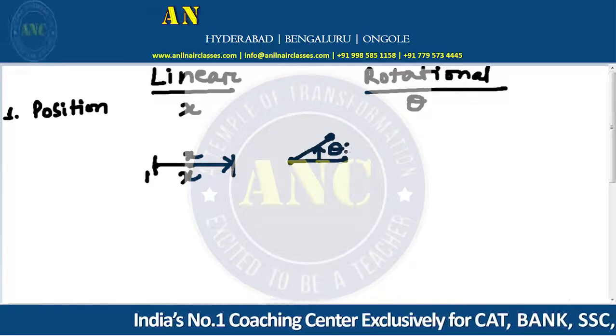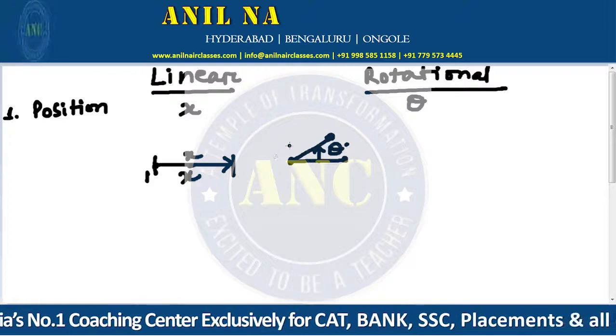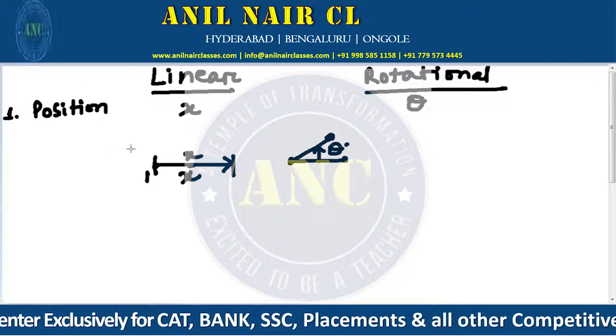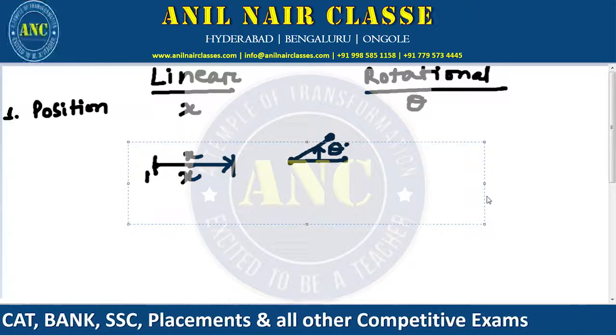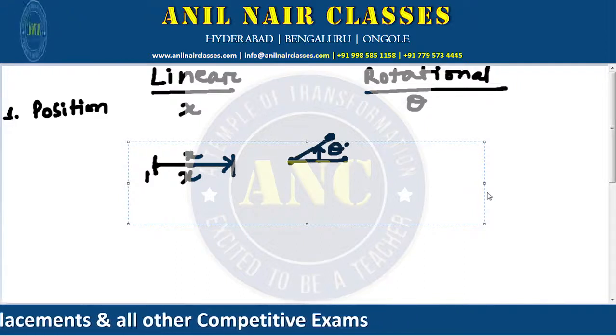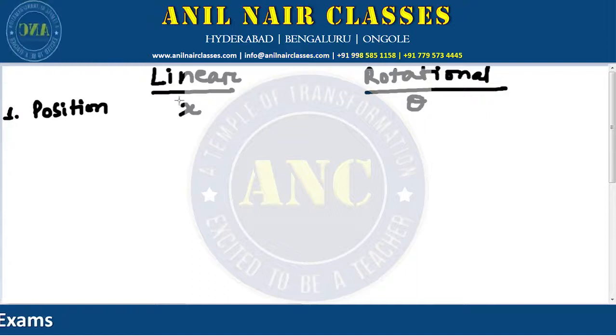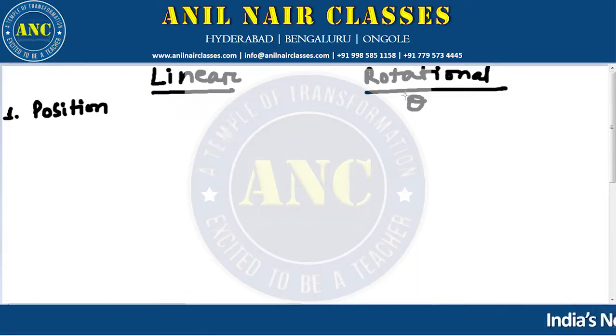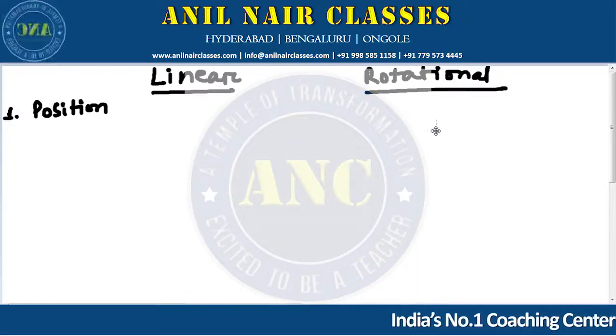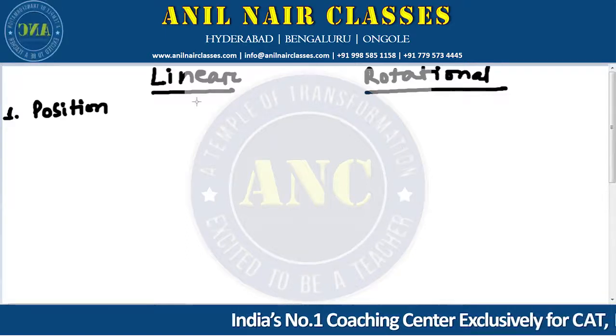Here x is the change, whereas in rotational, theta will be the change. That's why for linear the position will be x, whereas for rotational the position will be theta.